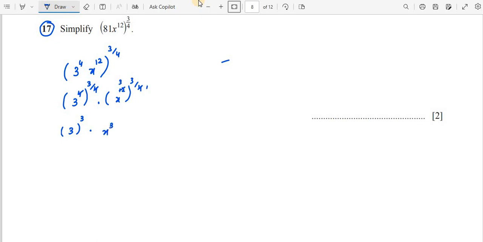So x power is 3 and overall power is 3. 3 raised to the power 3 is equal to 27, and 12 times 3 by 4 is 9. So x is raised to 9. So the final answer is 27 x raised to the power 9.